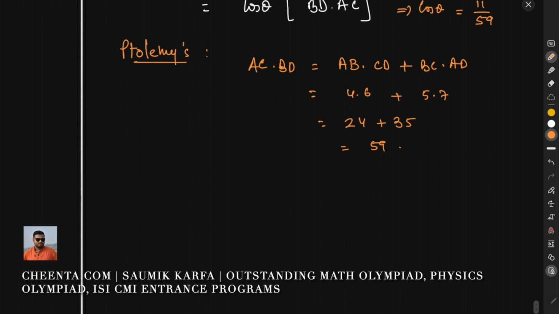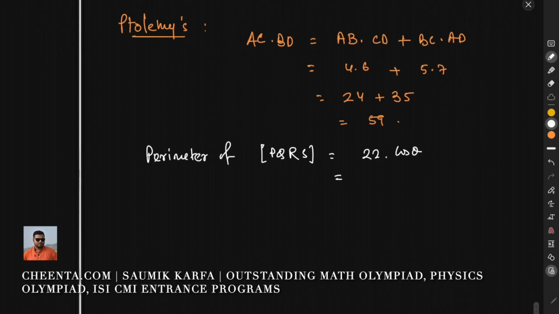And we already know the perimeter of PQRS was 22 cosine of theta, which is equal to 22 times 11 over 59, and if you do the simplification you will get 242 over 59, and that is our final answer.